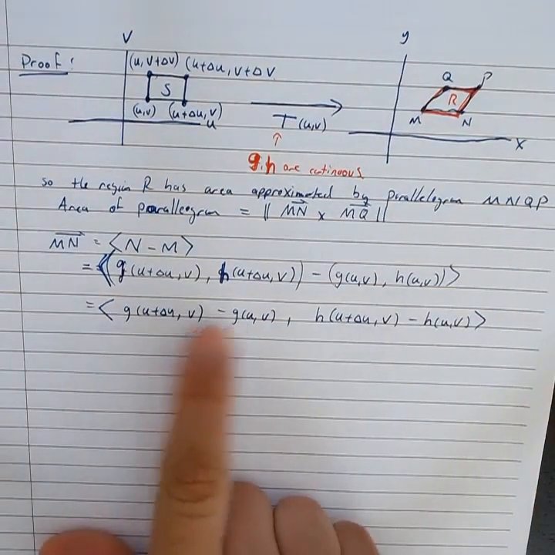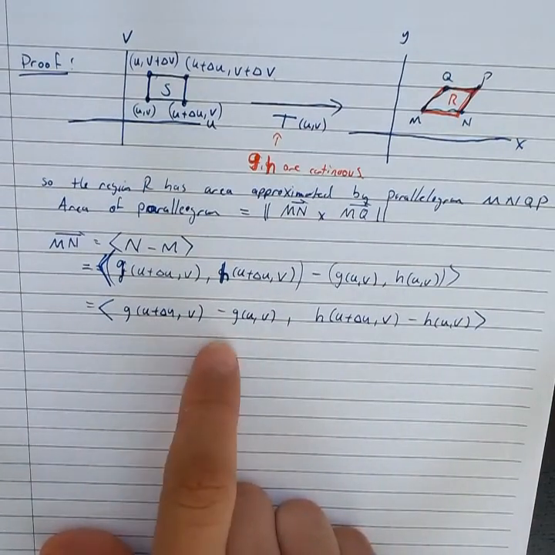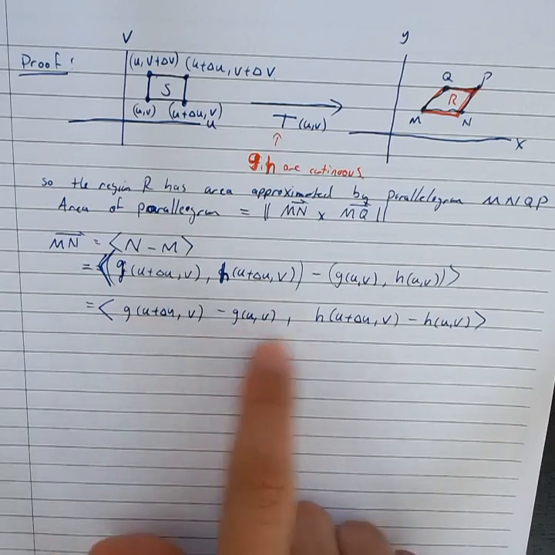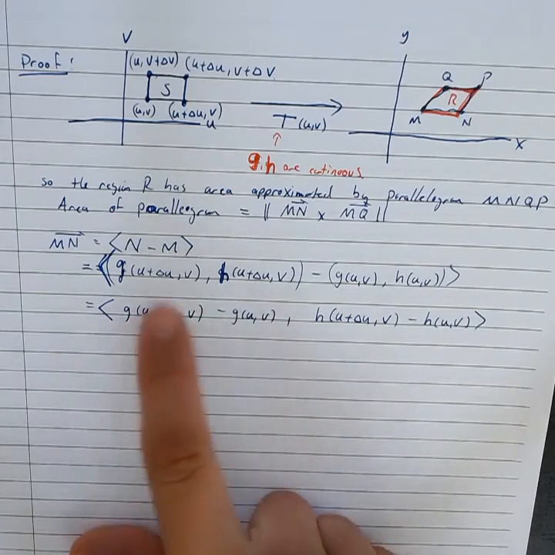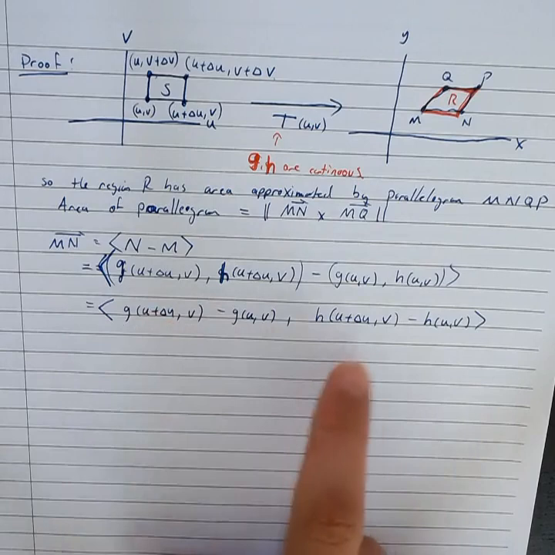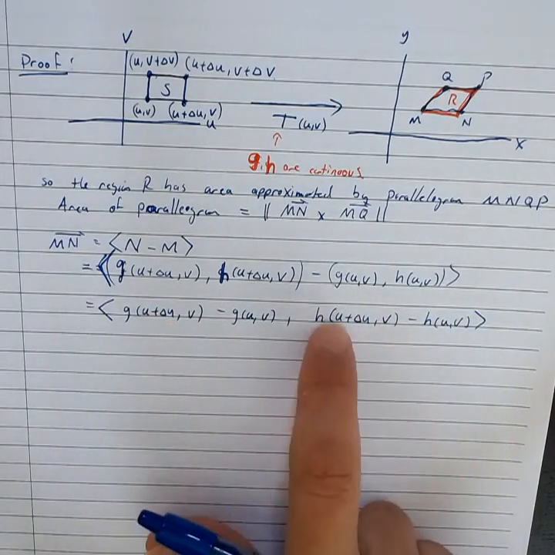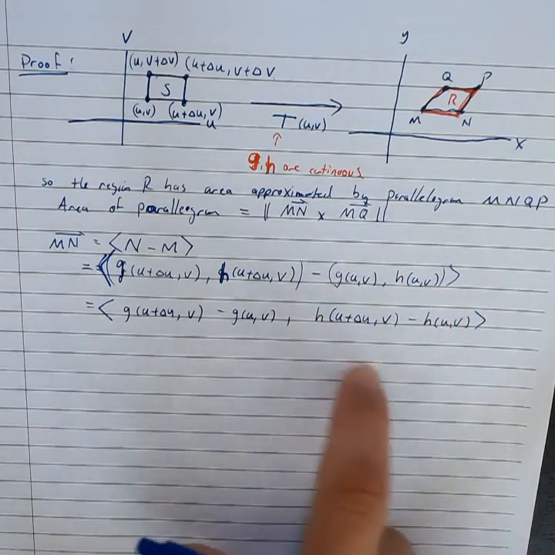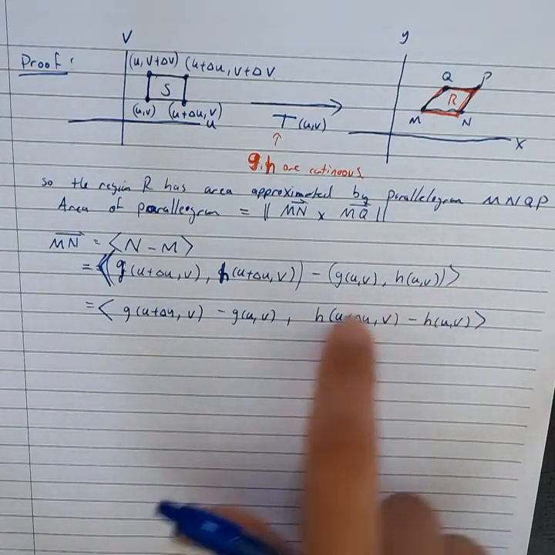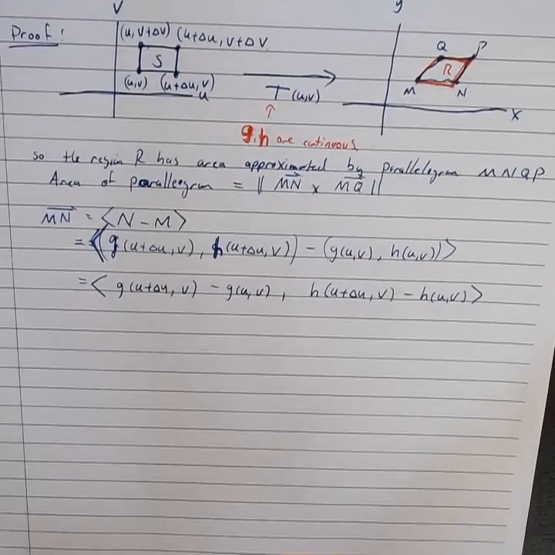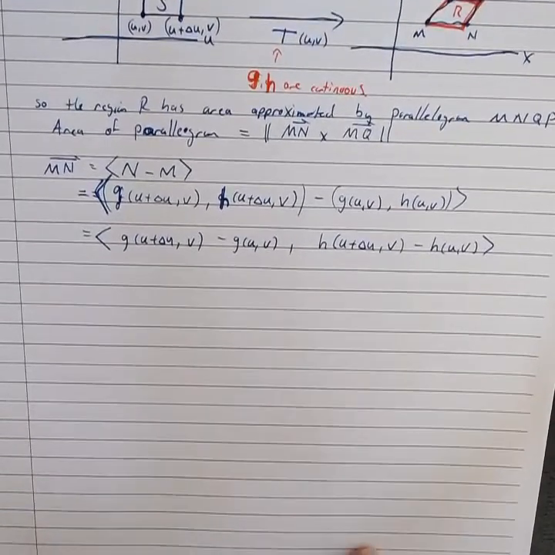But notice those look familiar. Those look like the numerators of a partial derivative. If this was just over delta u, that would be the partial of g with respect to u. Same thing here. If this was over delta u, then this whole thing would be just the partial with respect to u, or at least it would be when we pass through a limit, which of course we know we're bound to do at some point.